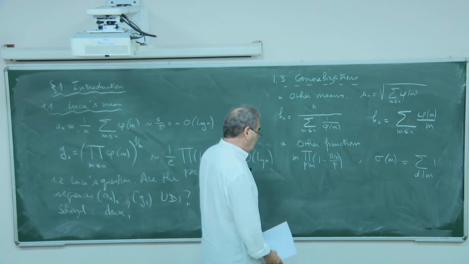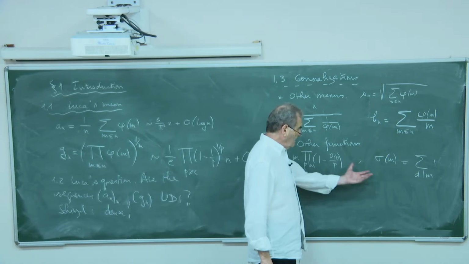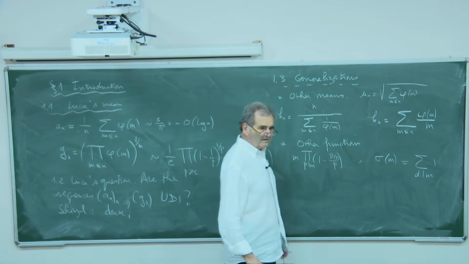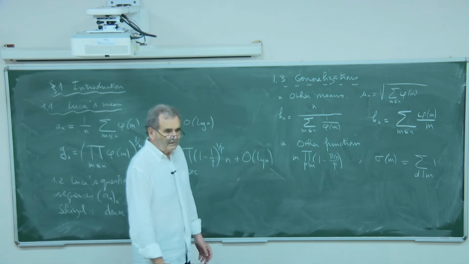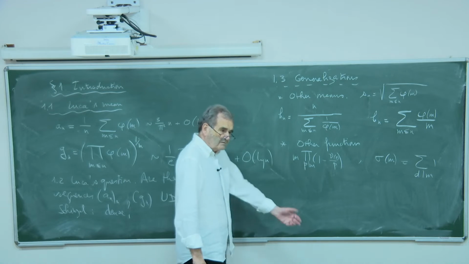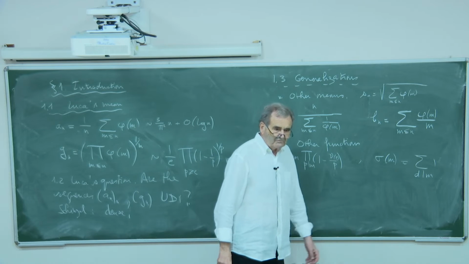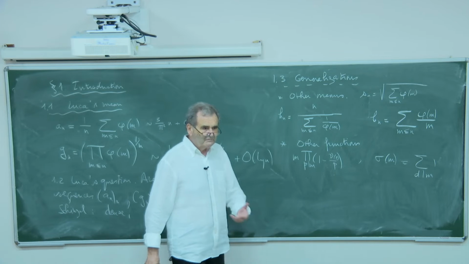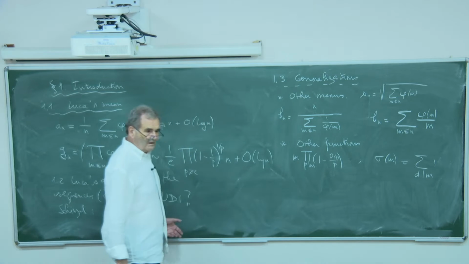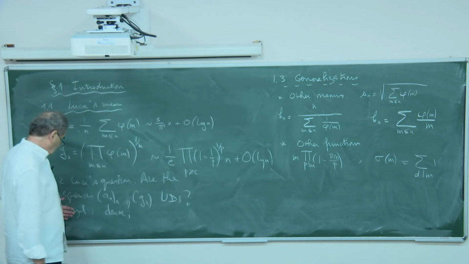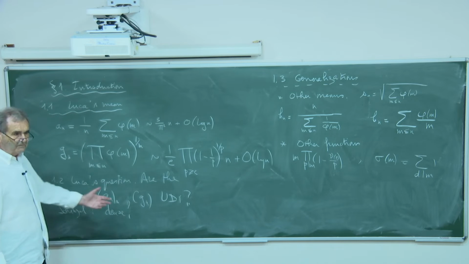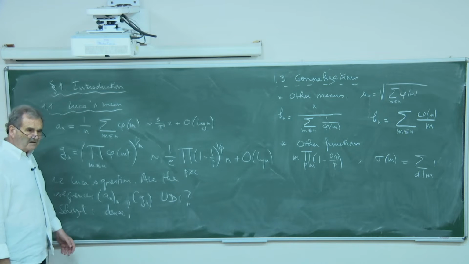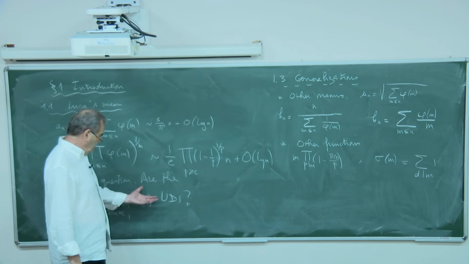Now, what is interesting is that we have really no idea what should be a nice set of functions. We have some set of functions because the proof works in the same way, but we have no set of functions for which this should be true or not, when it is uniformly distributed or not, or when it is dense or not. Especially when it is not.